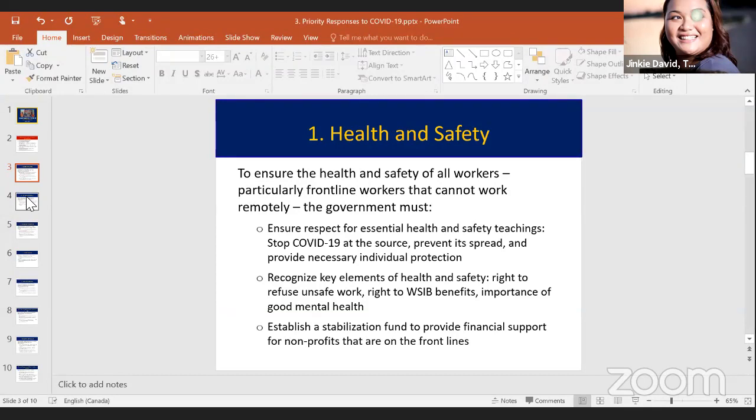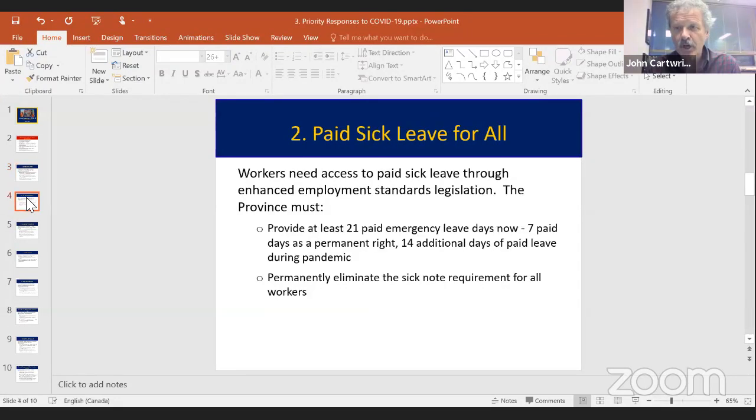Ensure workers' compensation for any worker who interacts with the public and contracts COVID-19. Provide financial support for nonprofit organizations that are on the front line, especially those who cannot enforce social distancing for operational reasons. Thanks, Jinky.